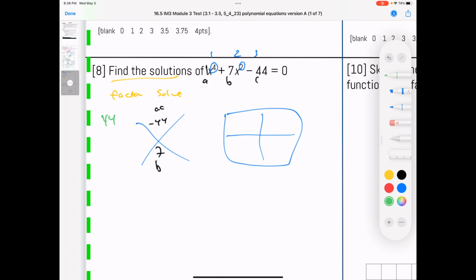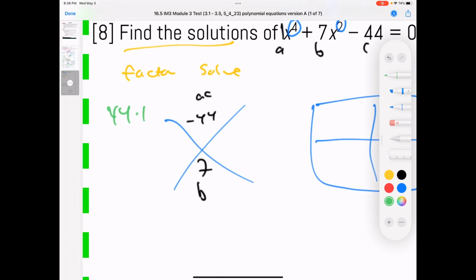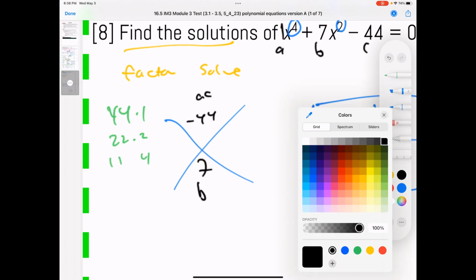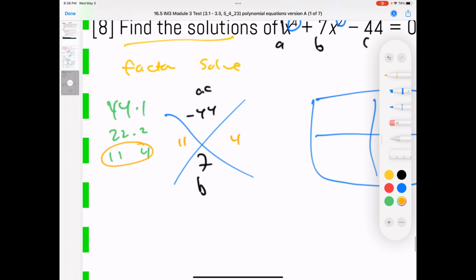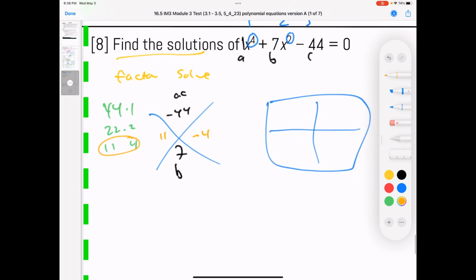Let's write out all the factors. It's half of that. Be these two. And negative 4. Remember that is splitting this term here. So I'm going to put 11x squared and negative 4x squared.